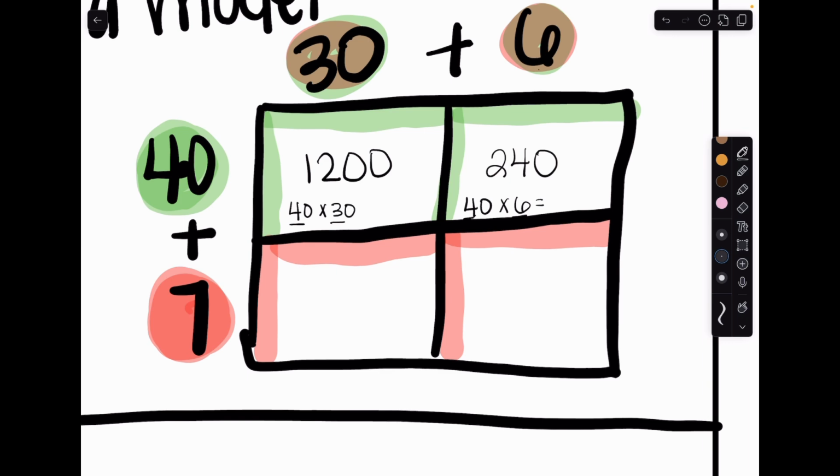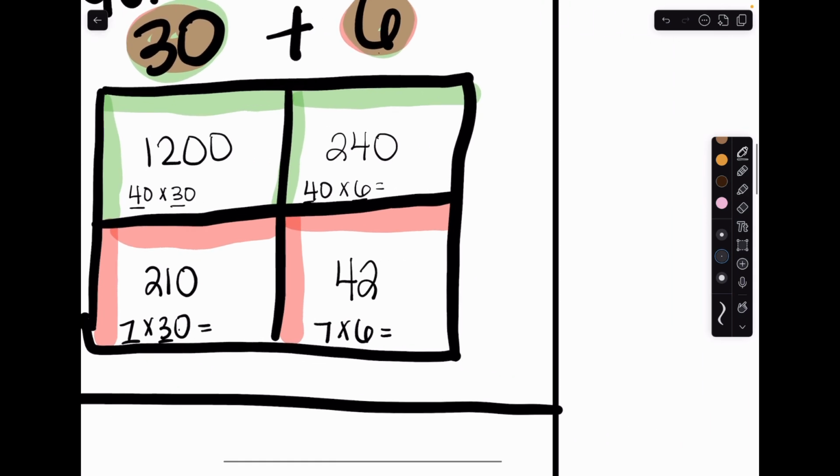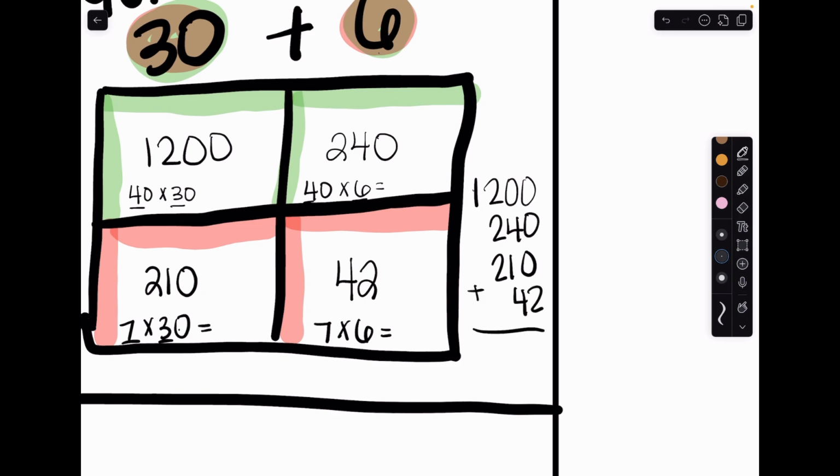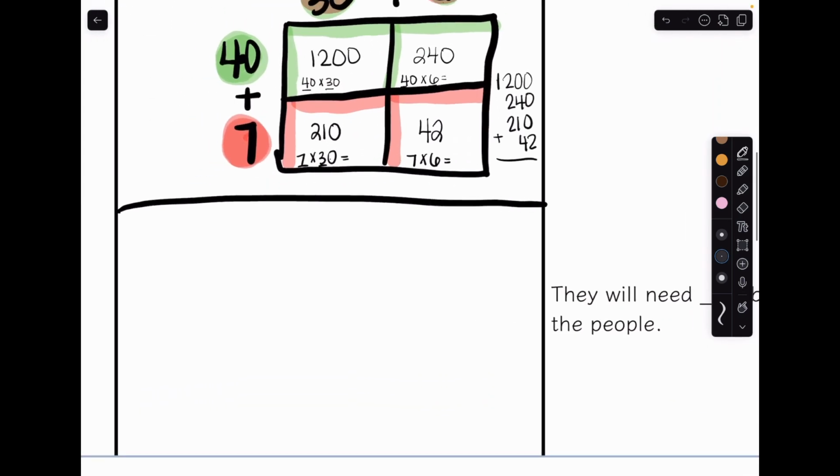Then we come down and we have 7 times 30. 7 times 3 equals 21, 1 power of 10. And then 7 times 6 equals 42. And they would come over here to the side and add up their partial products.